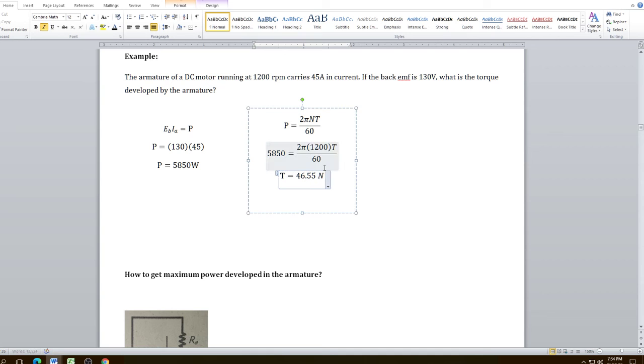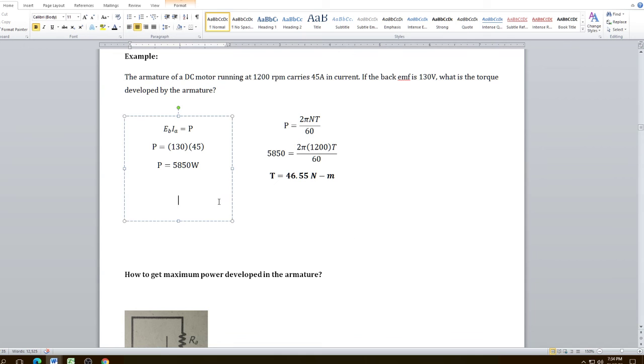The unit is Newton meter. So this is the answer. What we should watch out for here is the unit, and you should also be vigilant in identifying the given, which are the armature current, the back EMF, and the speed.